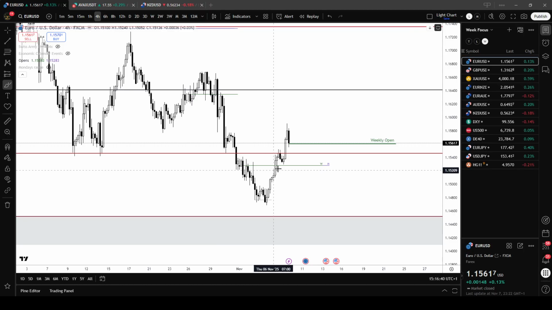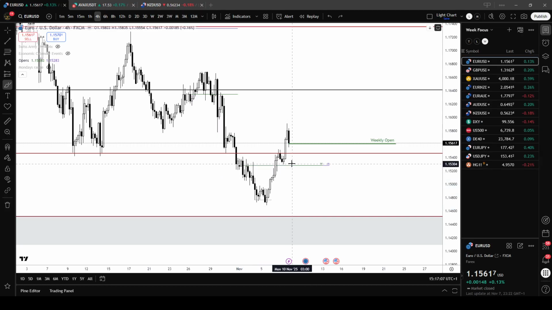Given the fact that we are at the first weeks of the month and we failed to break lower and we reversed the weekly candle and possibly the monthly candle, it makes sense for me to be aggressive and assume that this is the low of the month.